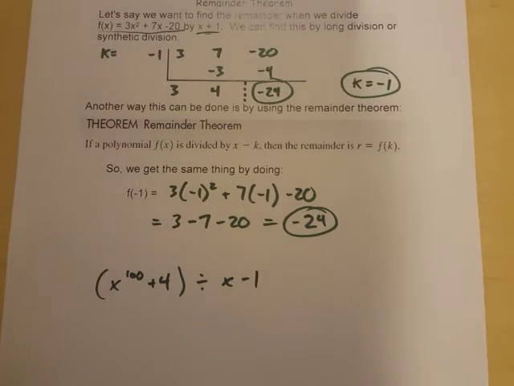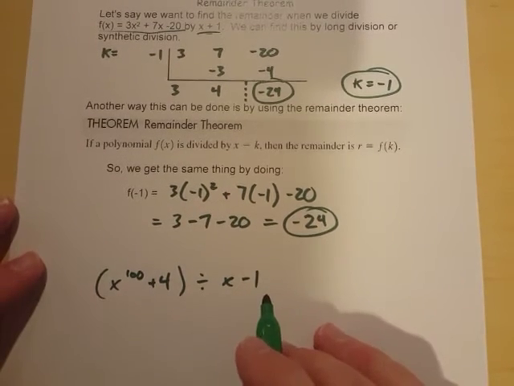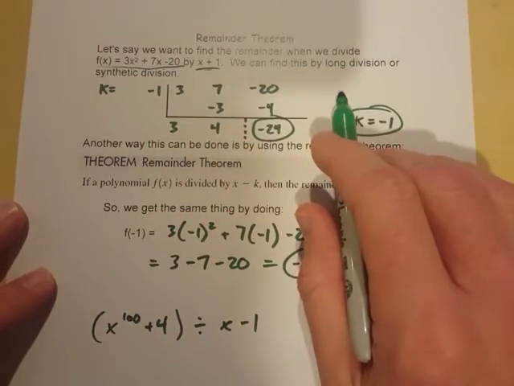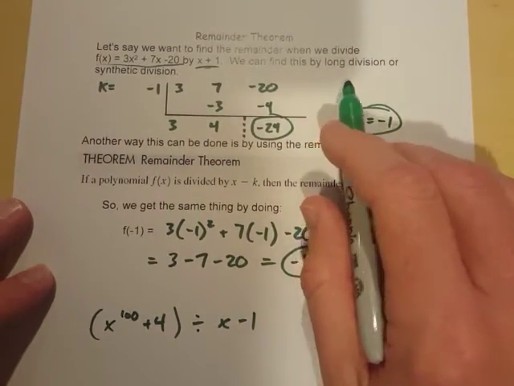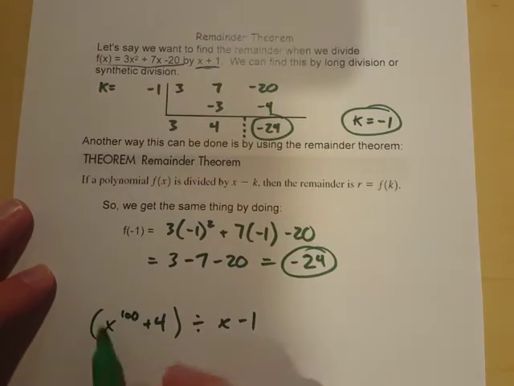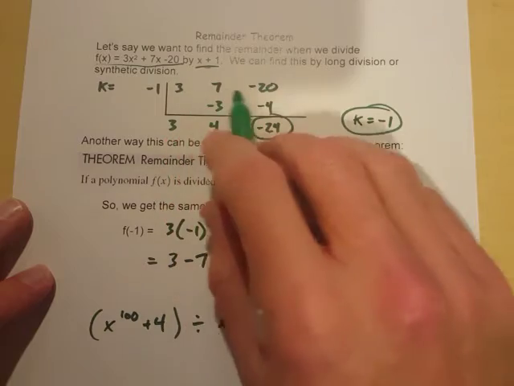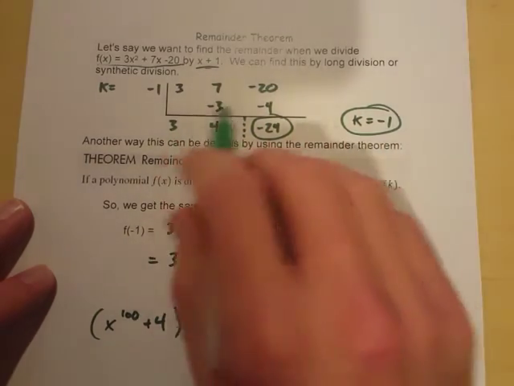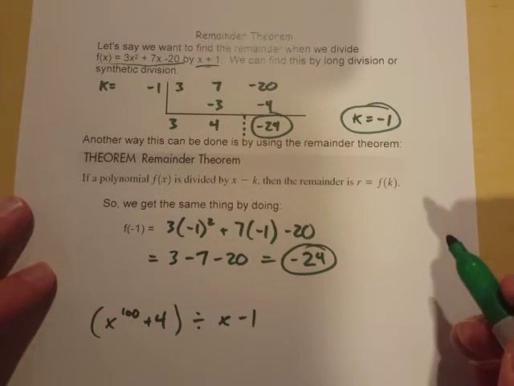Okay. If we're going to do this problem by synthetic division, think about the things that we'd have to do in this table. As I mentioned in the last one, if you start with a higher power like x to the 100, but then a bunch of them are missing, we'd have to have like 98 zeros in between there, and that would make this problem a huge pain to do by synthetic division.